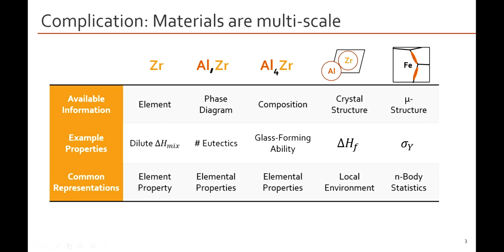Say, how do these iron particles aggregate within a steel alloy? What other phases are present along the edges of those grains? And all of that can be important information that you need to use to predict a material property and therefore incorporate into a machine learning model that can help you design that material.